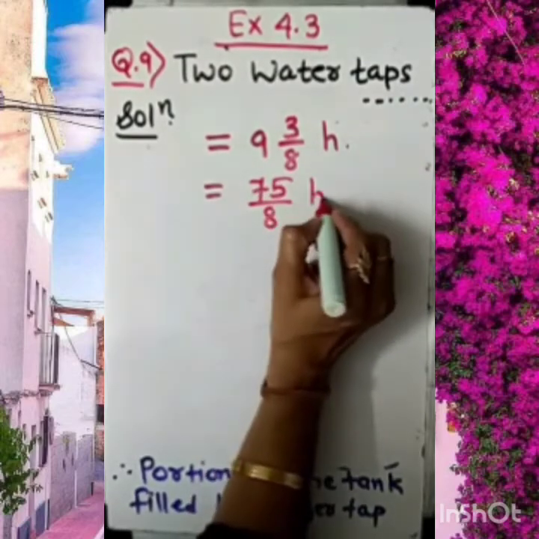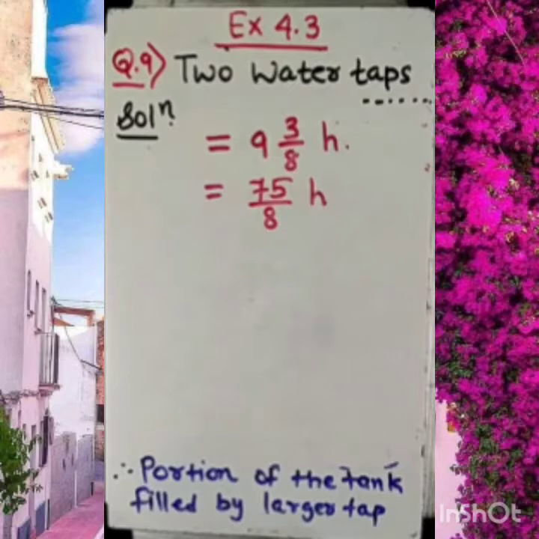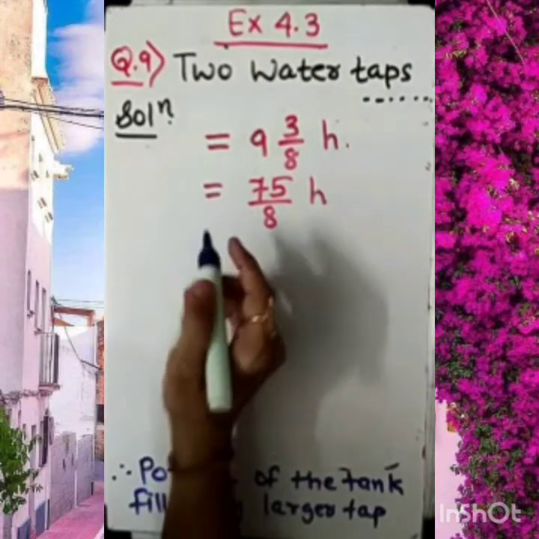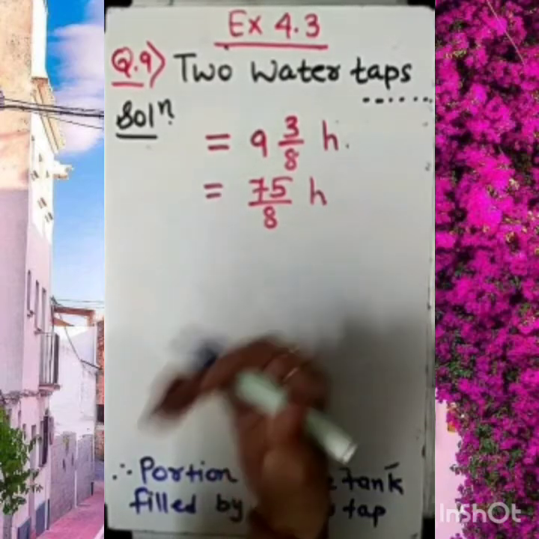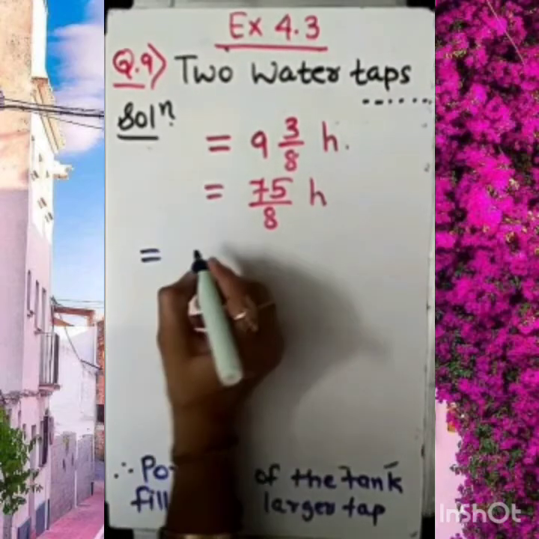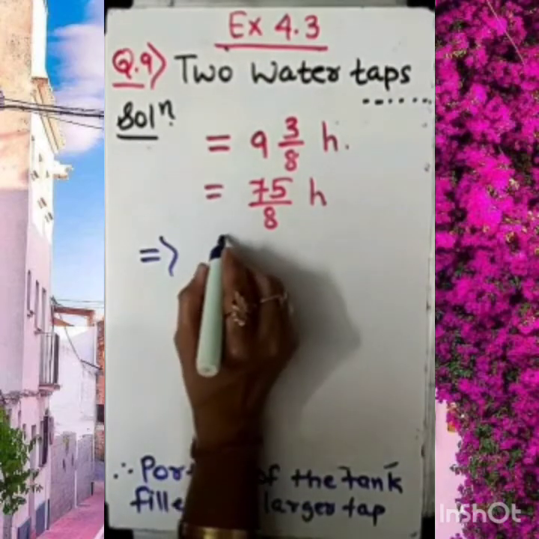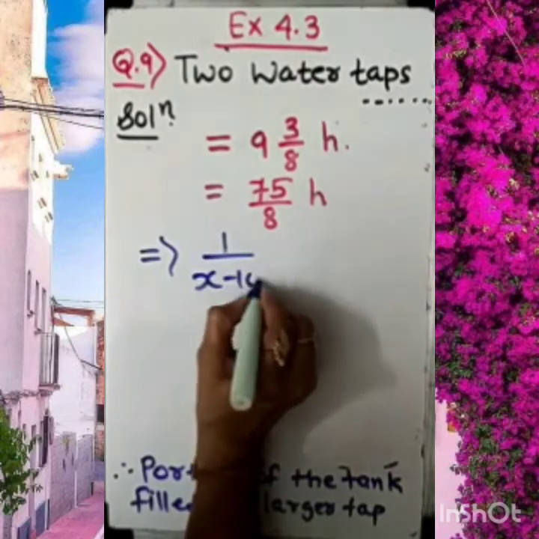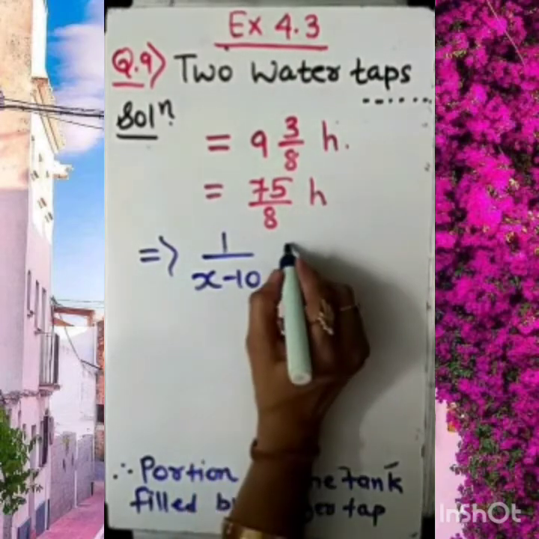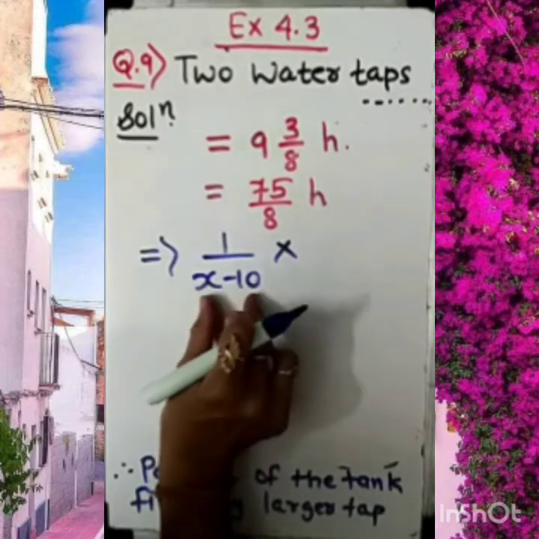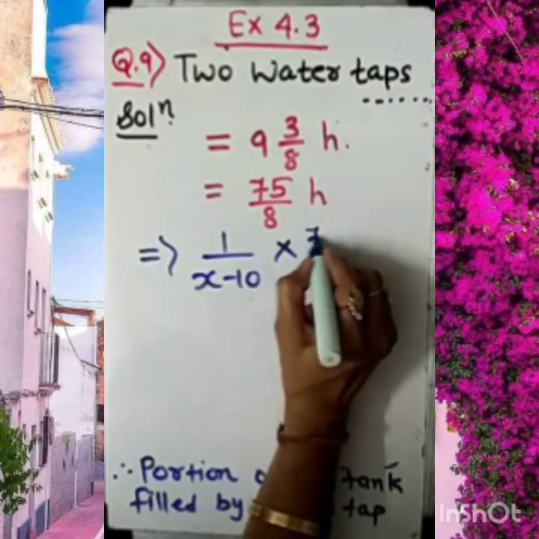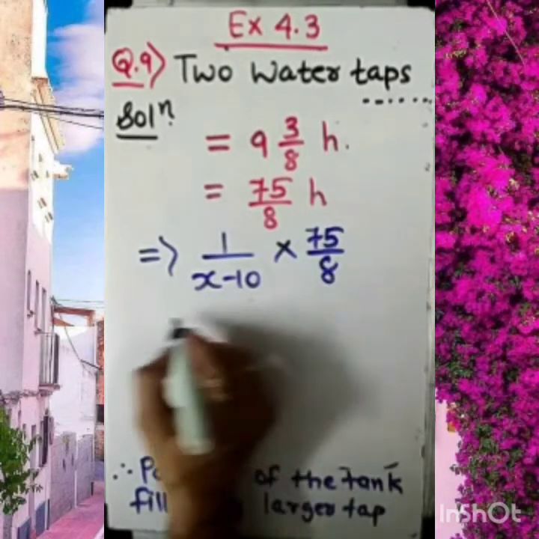Okay, so we know that. Now we compare. So the portion of the tank filled by larger tape is 1 upon X minus 10. This ratio we already found. This much is the portion, and we are going to multiply it with the time. Here it is not a concept of speed or time like that.